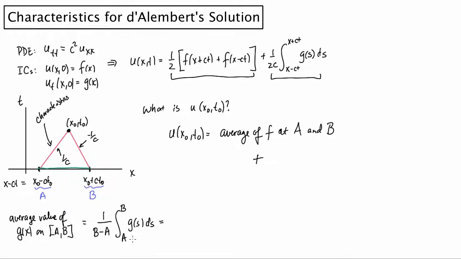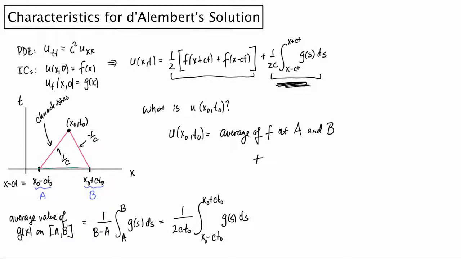Now if we replace a and b with what they actually are in terms of x naught and t naught, b minus a turns out to be 2c t naught, and we get x naught minus ct naught and x naught plus ct naught. Well, if you compare this with this part of the solution, the integral, the only difference is the t naught factor.